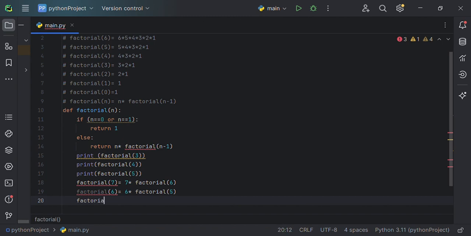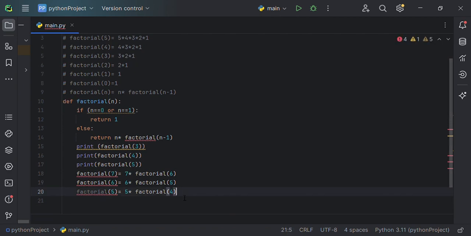Factorial of 5 actually means 5 multiplied by factorial of 4, and like this. To find the factorial of 4, we need to find the factorial of 3 also.